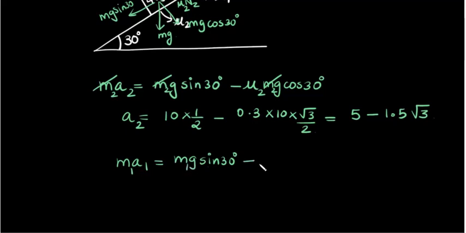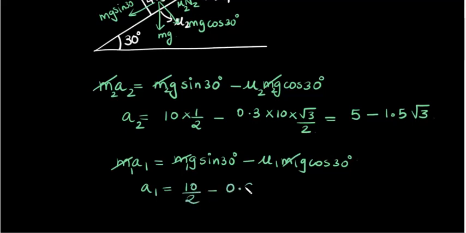So M1 will get cancelled again and we have A1 is equal to 10 by 2 minus mu1, which was 0.2, into 10 into root 3 by 2. So this will be basically 5 minus root 3.